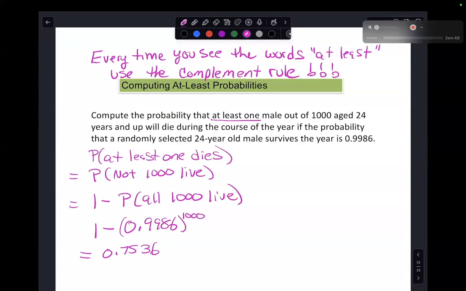It says 0.9986 times 0.9986 times 0.9986, 1,000 times. I'm not multiplying 1,000 by itself. I'm multiplying the 0.9986 by itself 1,000 times. So I did it both ways and it came up with the same answer, but I just don't know which way.